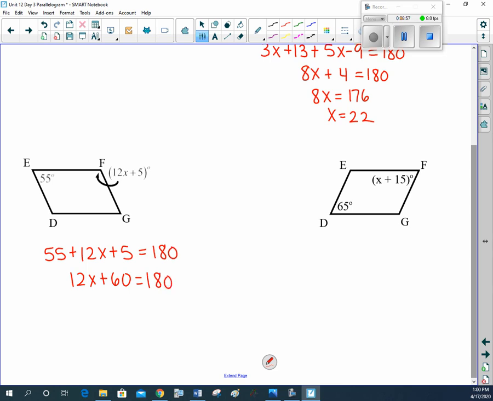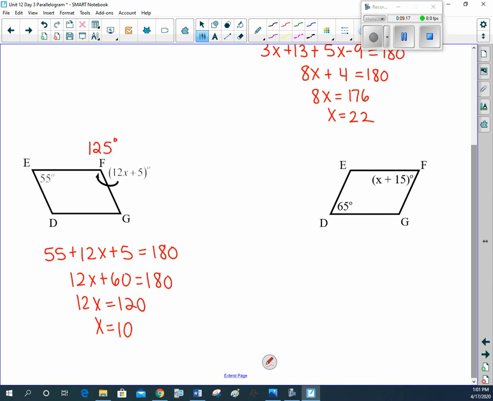Let's move the 60 to the other side. So subtract 60. So 12x equals 120. So x equals 10. So let's plug 10 back in here, and we're going to have 12 times 10 plus 5, and that means angle E is 125 degrees.